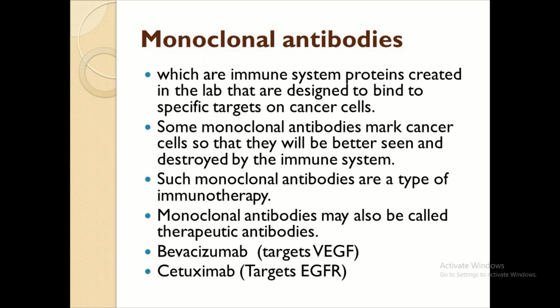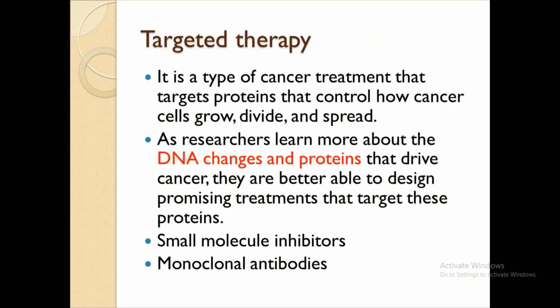Such monoclonal antibodies are a type of immunotherapy. Monoclonal antibodies may also be called therapeutic antibodies. The examples I have given here are bevacizumab and cetuximab. Bevacizumab targets VEGF and cetuximab targets EGFR.